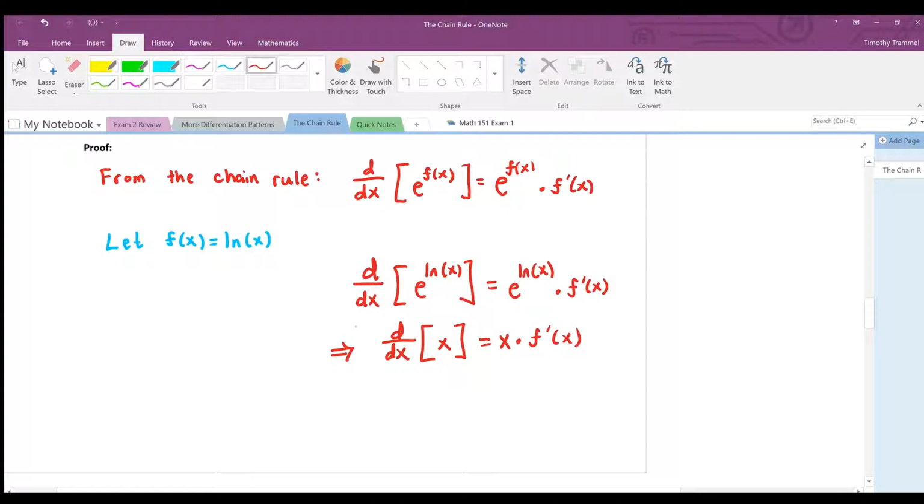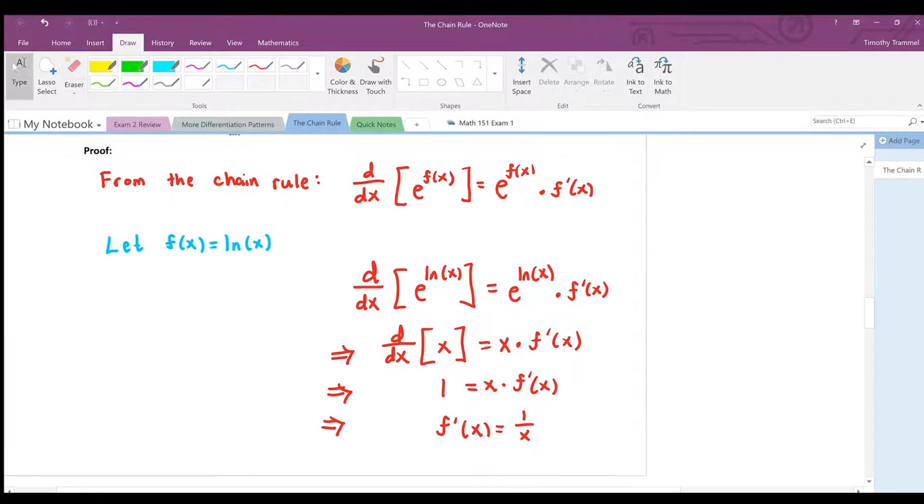And let's go another step further. Well, the derivative of x with respect to x is just 1. And note, the thing that we were trying to figure out is what f prime of x is equal to. Why don't we just solve for it? So if we do that, we'll get f prime of x is equal to 1 over x.